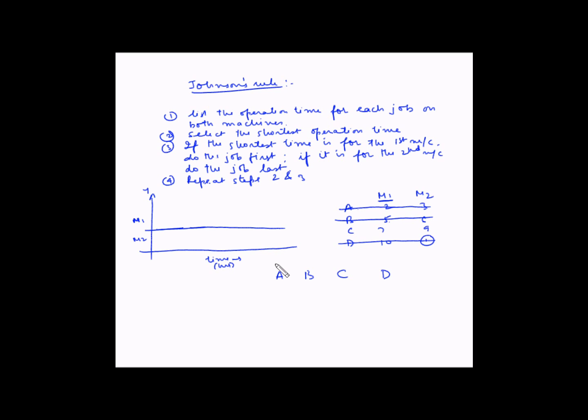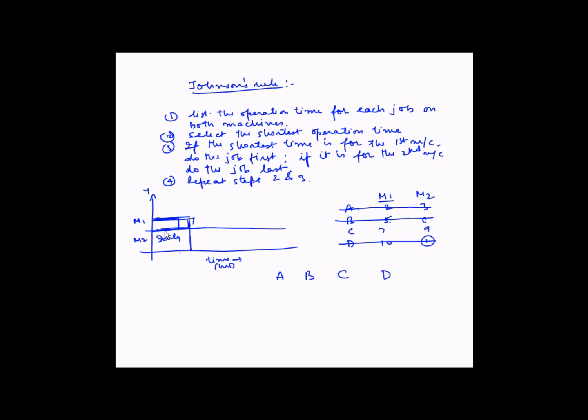So as per this rule, if this time here is the shortest, then the idle time on machine M2 will be lesser, and that is the key to obtain an overall lesser processing time. So the first part says that if the shortest time is for the first machine, do the job first. So here we are reducing the amount of time that machine M2 is idle for.